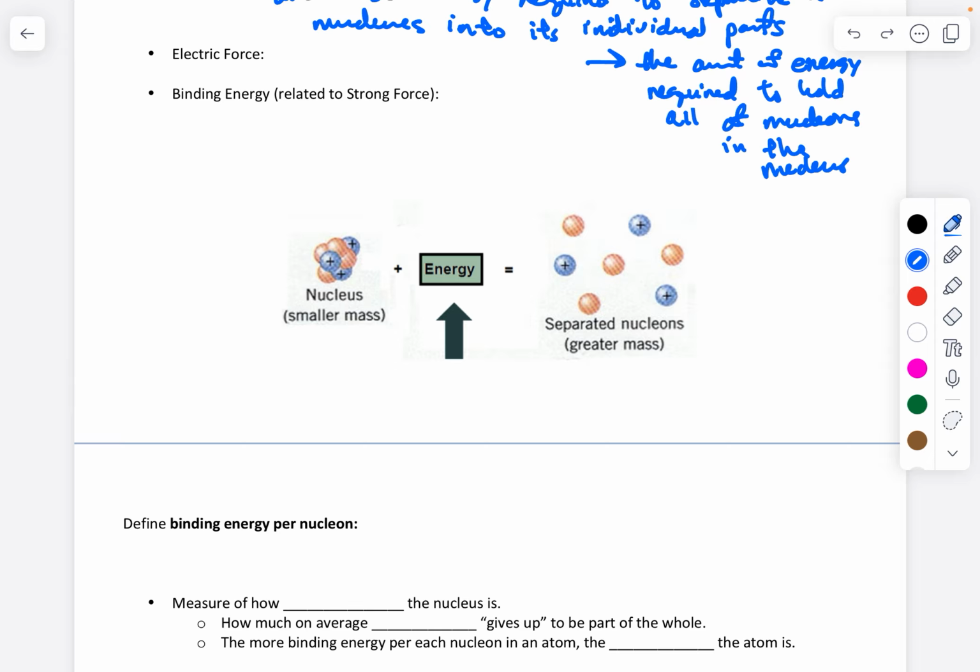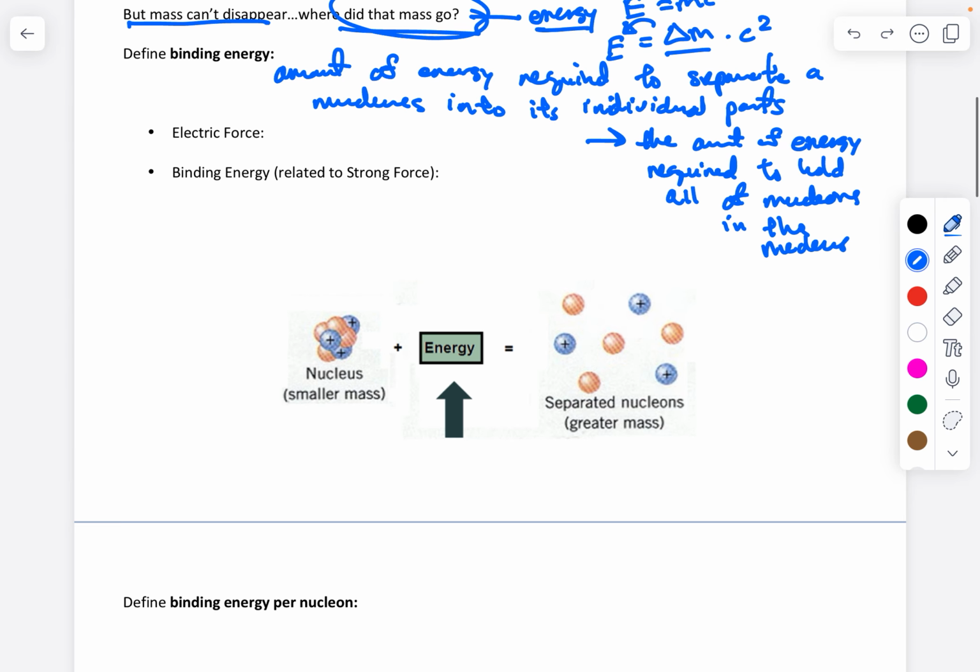What you have to remember about protons and neutrons are forces. There's two forces, the strong force and the electric force.